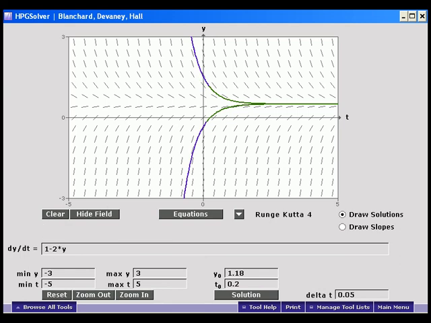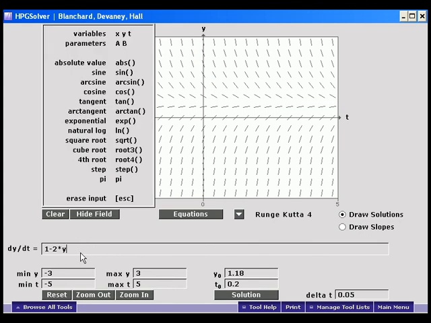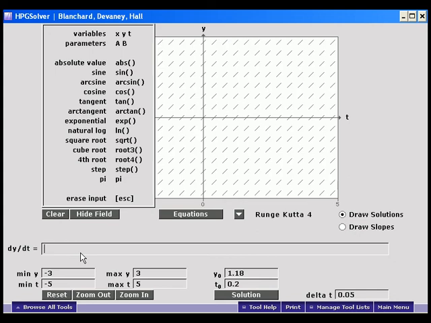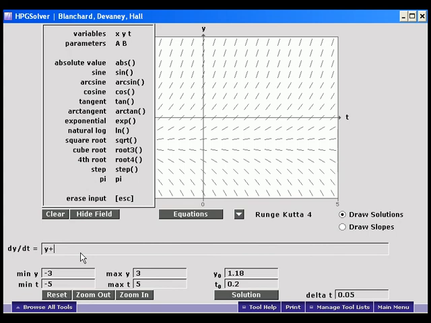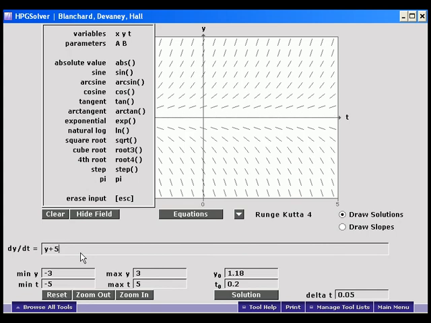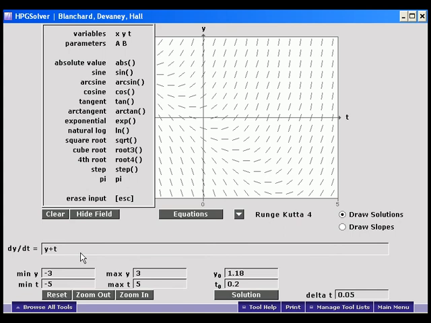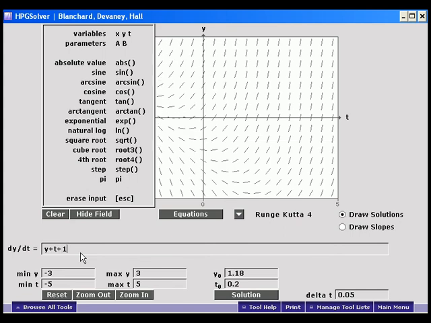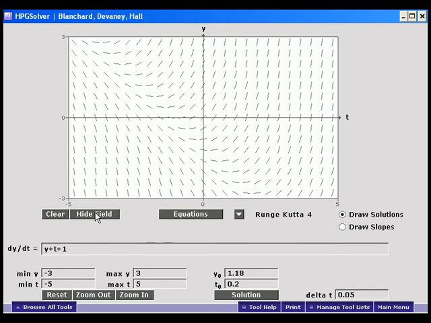Now let's do a problem where the slope field depends on t and y. That would be problem 6, y prime equals y plus t plus 1. And that's what that field looks like.